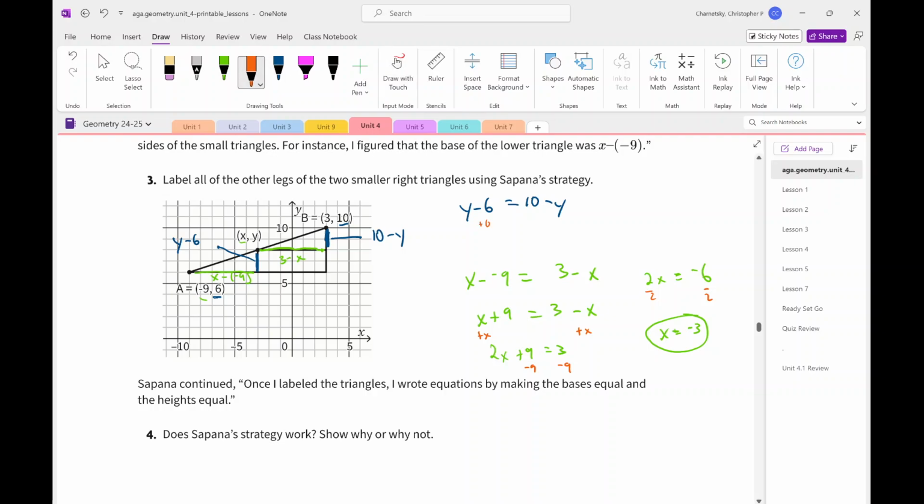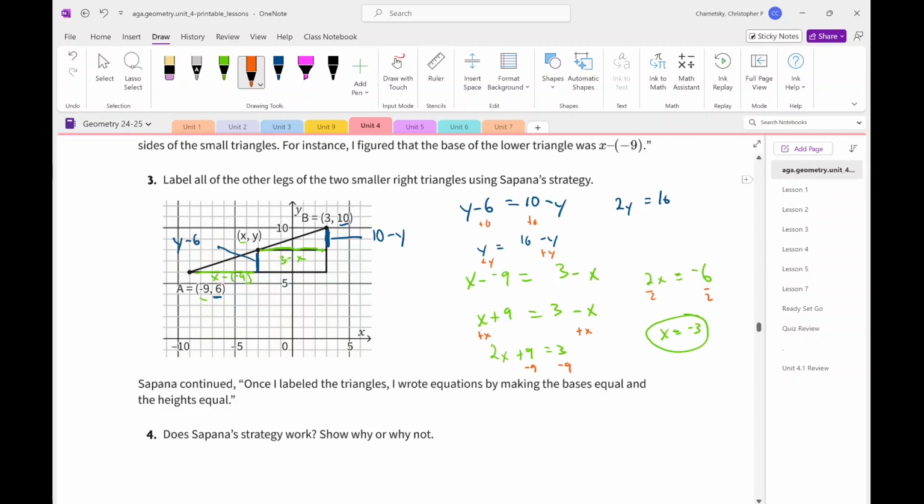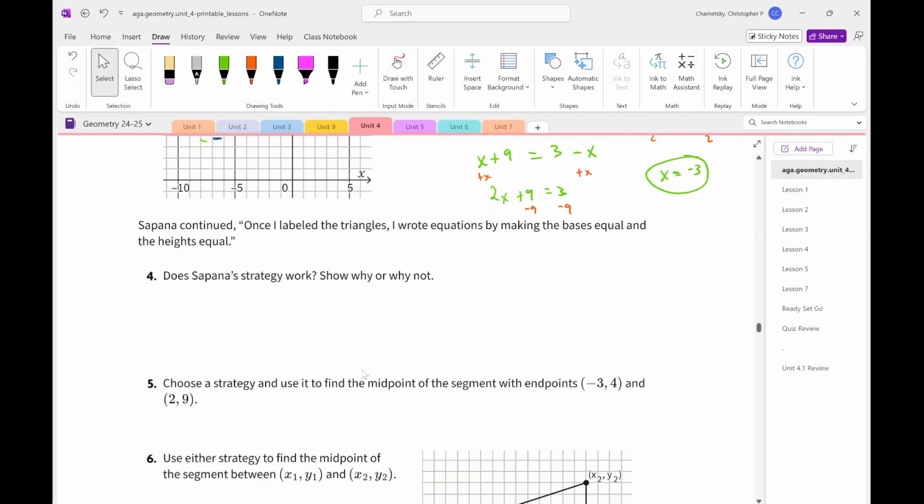If I add 6 to both sides, we'll end up with y equals 16 minus y. Add y to both sides. So then we'd get 2y equals 16. Divide by 2, and we get y equals 8. So that method did work. Okay. All right.